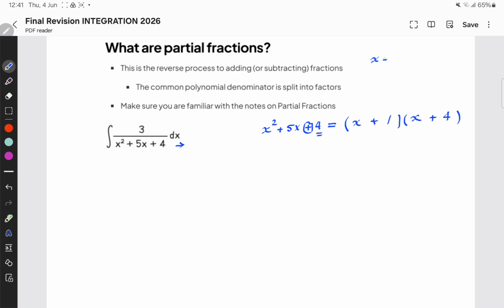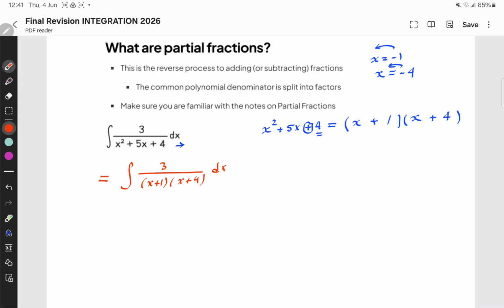You will get x equal -1 and x equal -4. Then switch that to the other side and that to the other side to get the factors. So here we rewrite the question as the integral of 3 over x plus 1 times x plus 4, all of that with respect to x.